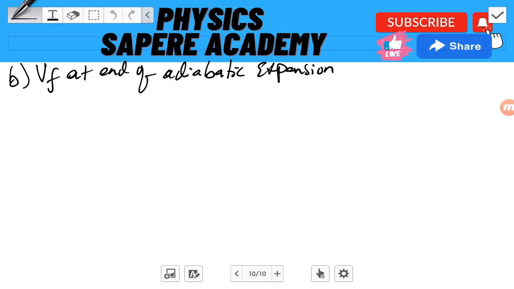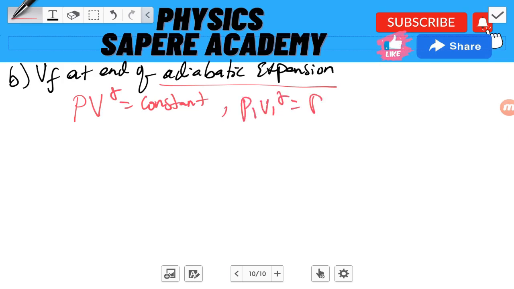ስለዛ for adiabatic expansion of gases we have seen the relation, assume that PV to gamma is a constant የሚል and relation አይተን ነበር. So this could be expanded to P1 V1 gamma equals P2 V2 gamma expand ሊያደርግ ይቻላል.